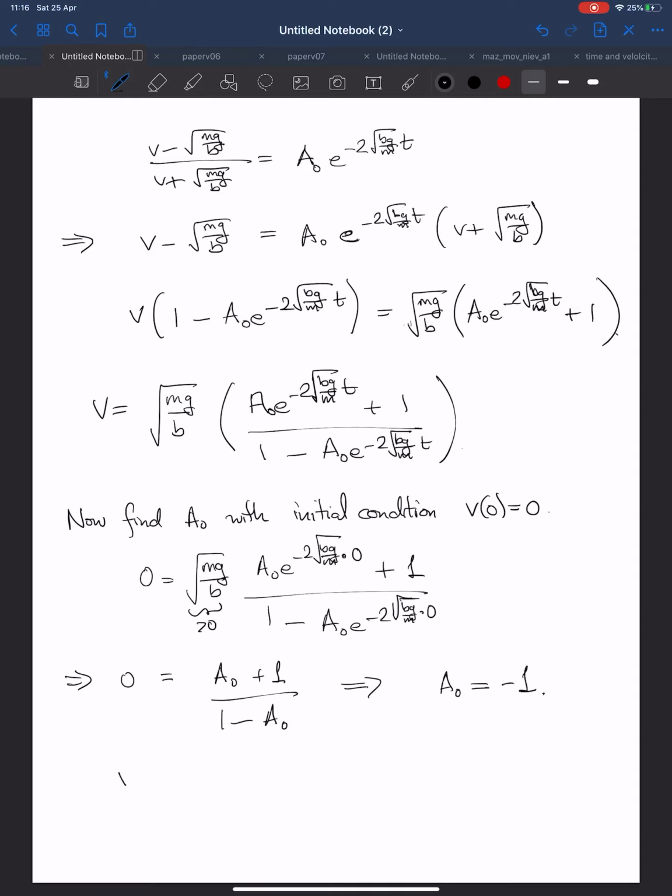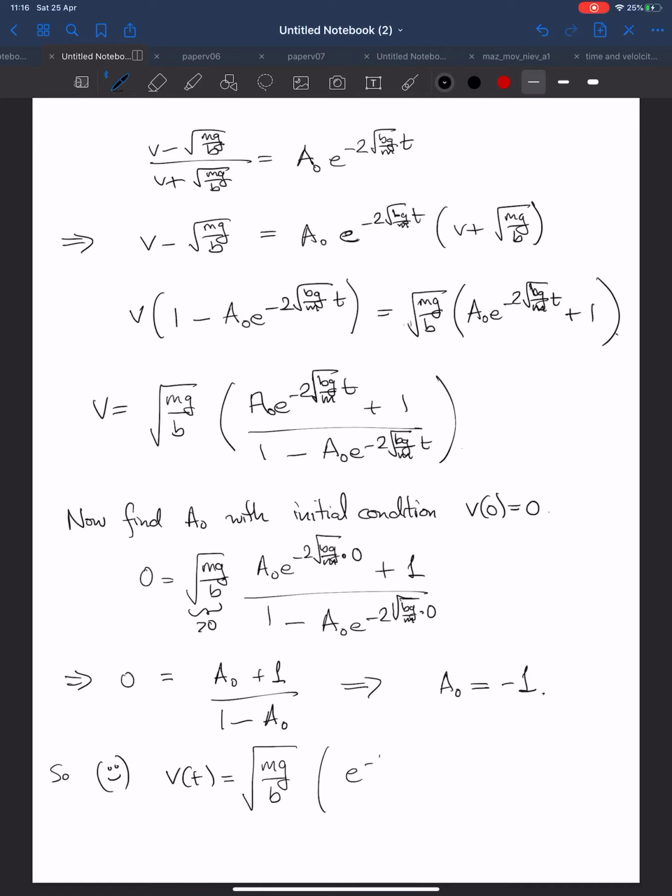So with this, v of t is equal to the following. We have v of t is equal to square root mg over b. And now I just insert the constants.